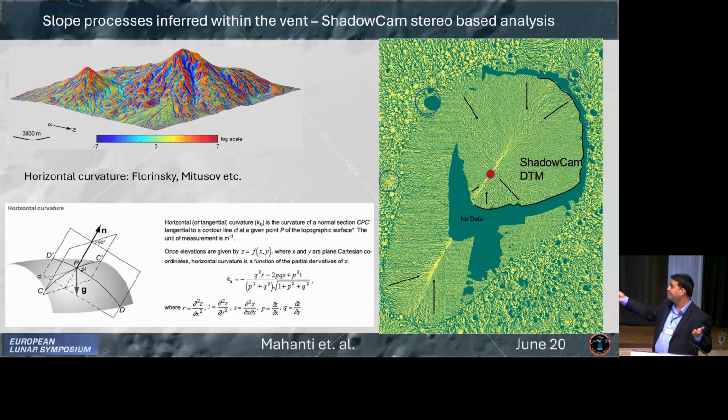This is part of most remote sensing analytical packages. It shows you how the flow of regolith and the flow of rocks happens, and how it affects the topography. And because ShadowCam stereos are resolvable down to 6 meters at least, you can actually see these things happening.